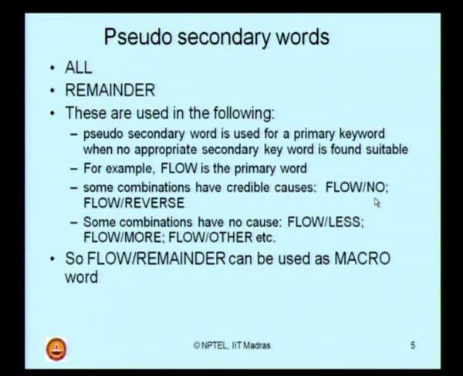If the plant has no situation like a lesser flow or more flow or other, instead of writing all these things I can simply say flow remainder and say the cause is no cause. So, I can save this particular word, reduce the time for the reader to read the remaining keywords, and this is what we call pseudo secondary, and this combination is what we call a macro word.